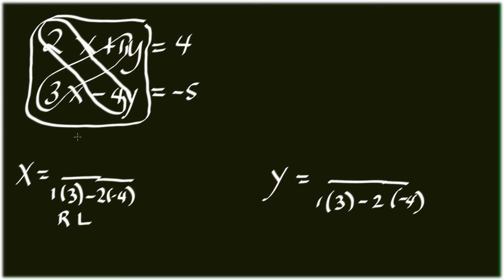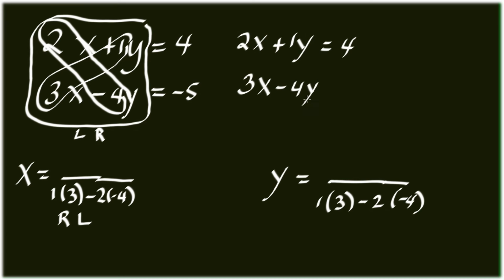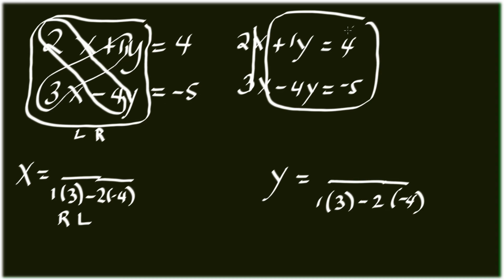Now for the numerator of your x, the direction will change to left diagonal minus right diagonal. I'm going to rewrite that equation here: 3x minus 4y is equal to negative 5. This is the x, so I want you to cross out the x column and focus on this part of your equation.